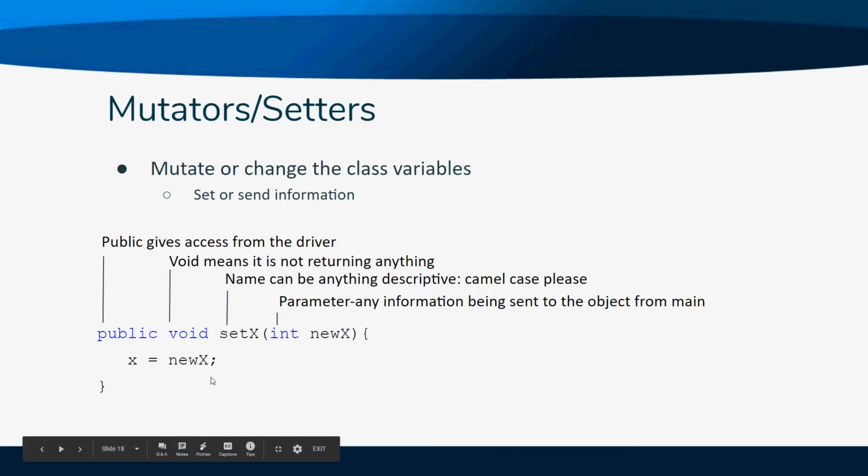This is still just a normal method, it's just a specific type of method. And then in our setter, all we're doing is setting the private variable equal to the new amount. That way we have access to be able to set that amount from our main. Because our variable x was private, we can't access it from main, but using our setter we can.